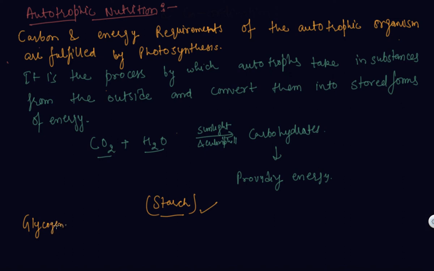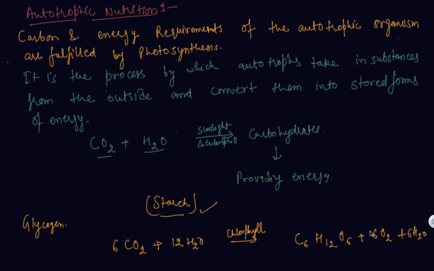So the balanced reaction which takes place, in the presence of chlorophyll, produces glucose, C6H12O6, plus 6H2O.